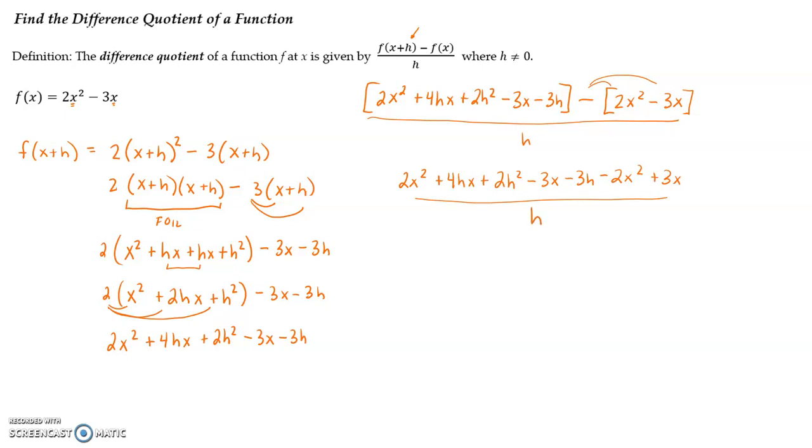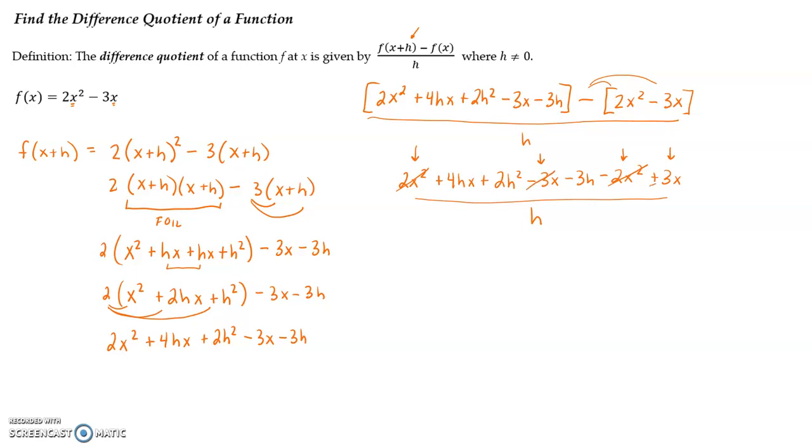Let's take a look at what we have here. We have some like terms. We have a 2x squared that is positive and a 2x squared that is negative. We can actually add these pieces together, and they're going to add up to 0, so they're going to disappear. We also have a 3x that is positive and a 3x that is negative, so we can go ahead and add those pieces together.